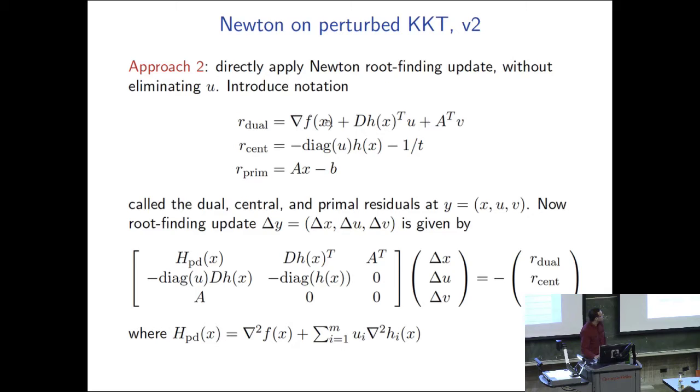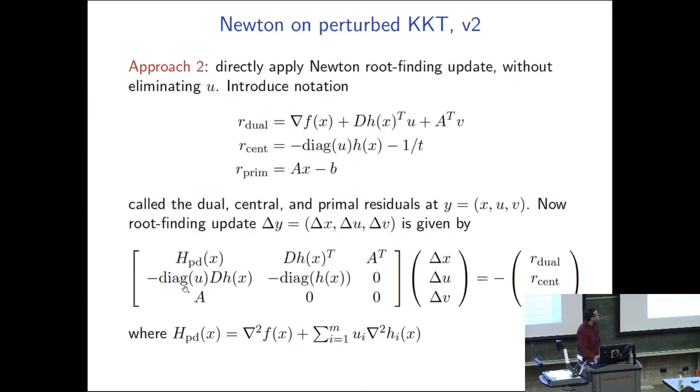I'm just going to take derivatives with respect to x, and I'm going to get some matrix I'm going to call H_PD. That's the derivative of this with respect to x. I'm going to take a derivative with respect to u, I'm going to get Dh transpose. And derivative with respect to v, I'm going to get A transpose. Down here I'm going to differentiate with respect to x.